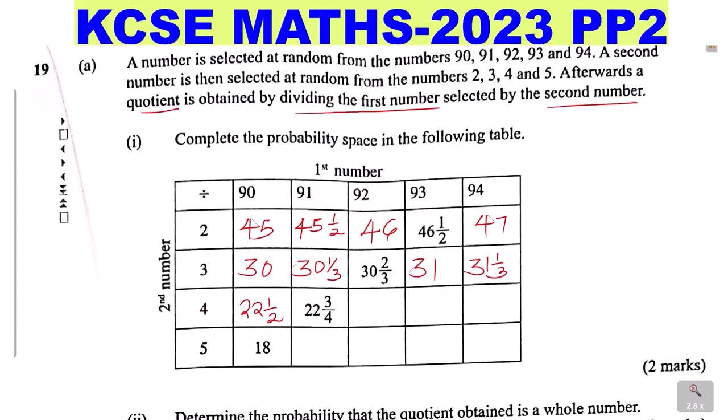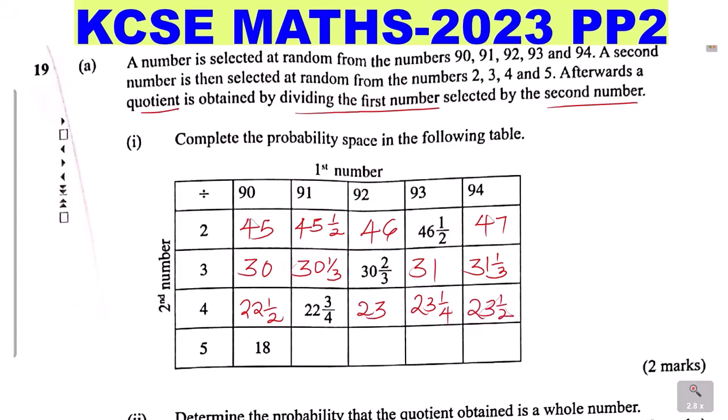That would be 23. 93 divided by 4, we write the answer here. It will be 23 and a quarter. Then lastly, 94 divided by 4, the answer here is 23 and a half.